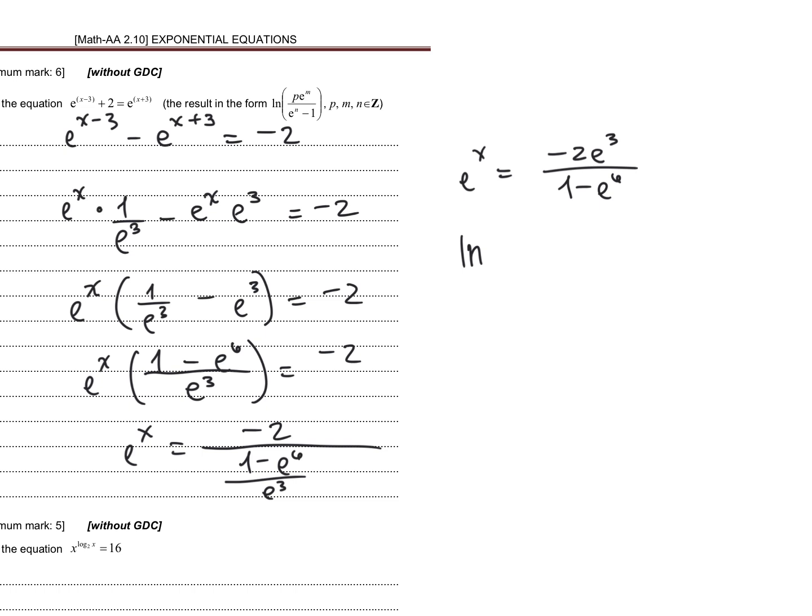And now we can write this natural log base e of negative 2 e to the 3 over 1 minus e to the 6th equals x. So I think we can leave it like that. We could also write it 2 e to the 3 over e to the 6 minus 1.